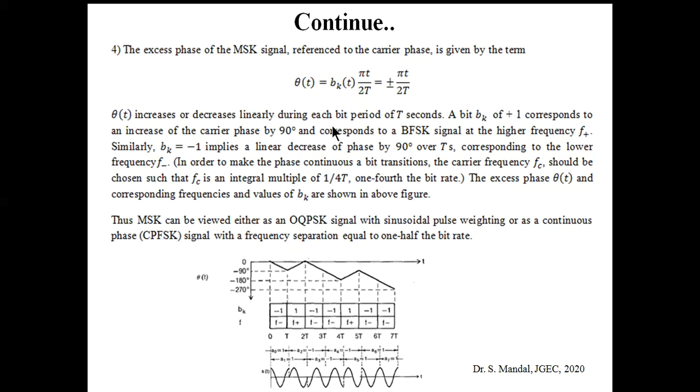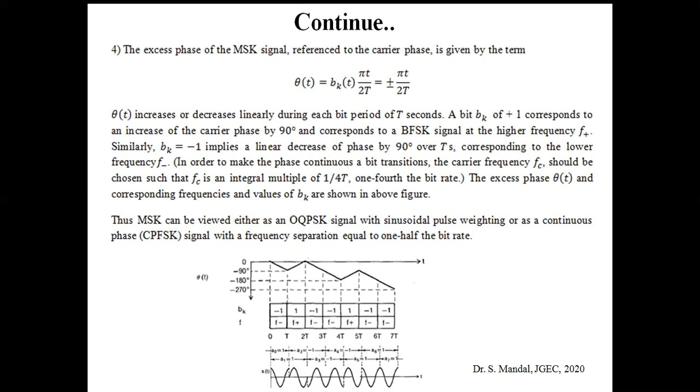We have the excess phase for the MSK given by theta(t) equals bk(t) into πt/2T. Depending on the value of bk(t), theta(t) can increase linearly or decrease linearly. Consider bk(t) is plus 1 for a particular time duration of T. In that scenario, there will be an increase in the carrier phase by plus 90 degrees.